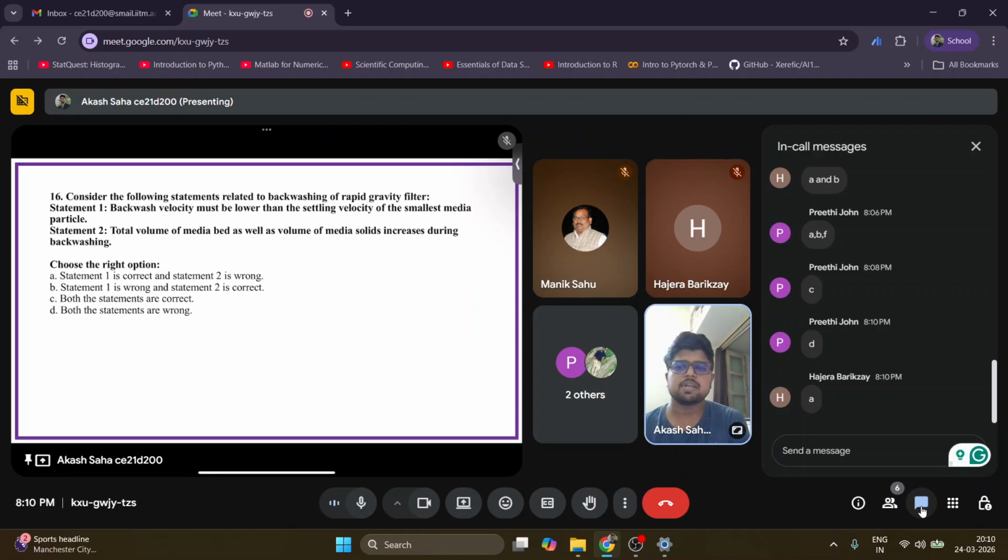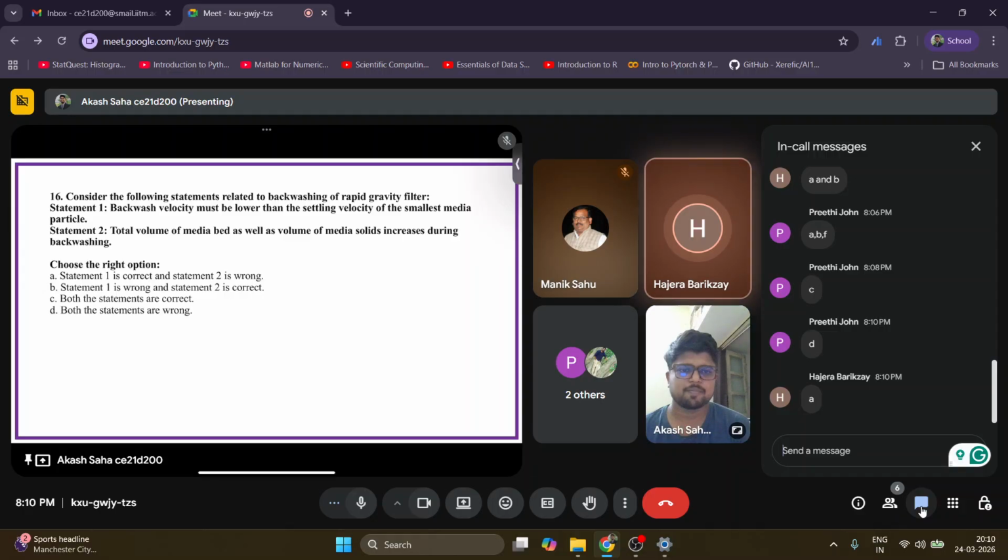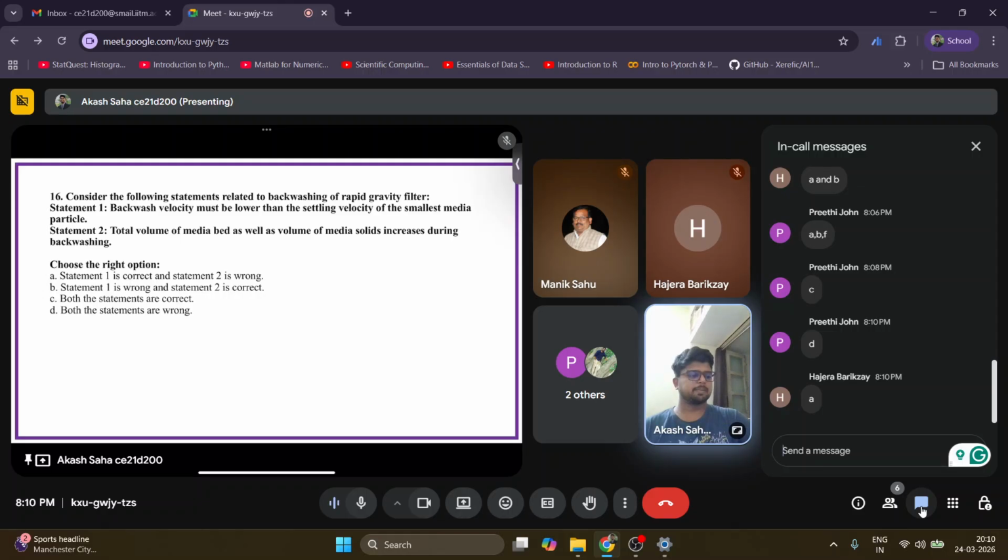So what will happen if the backwash velocity is more than the settling velocity of the smallest media particle? What will happen? The media will be washed out. Yes. So that's why it should be lower. So statement 1 is true.